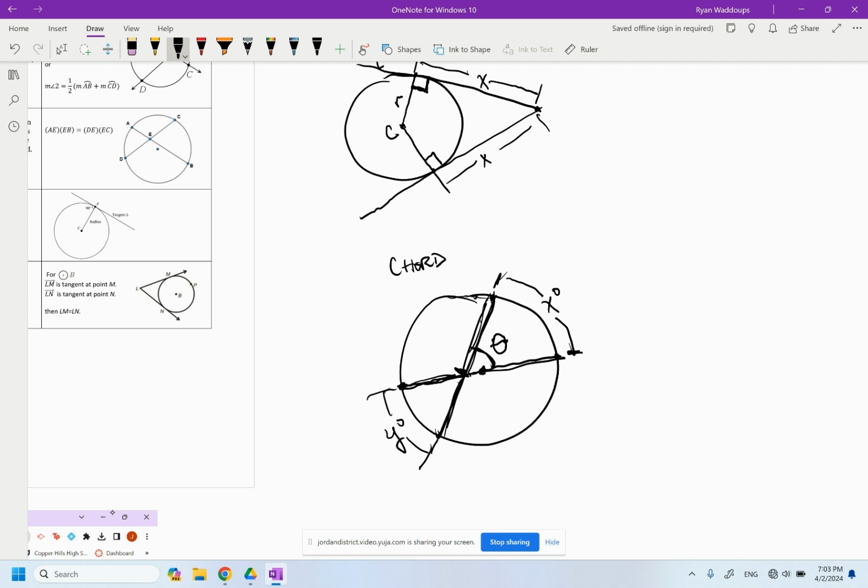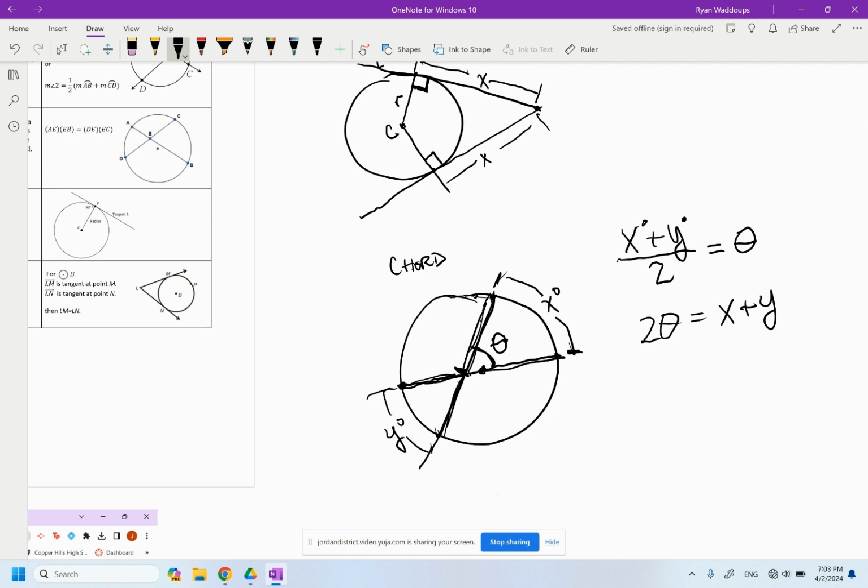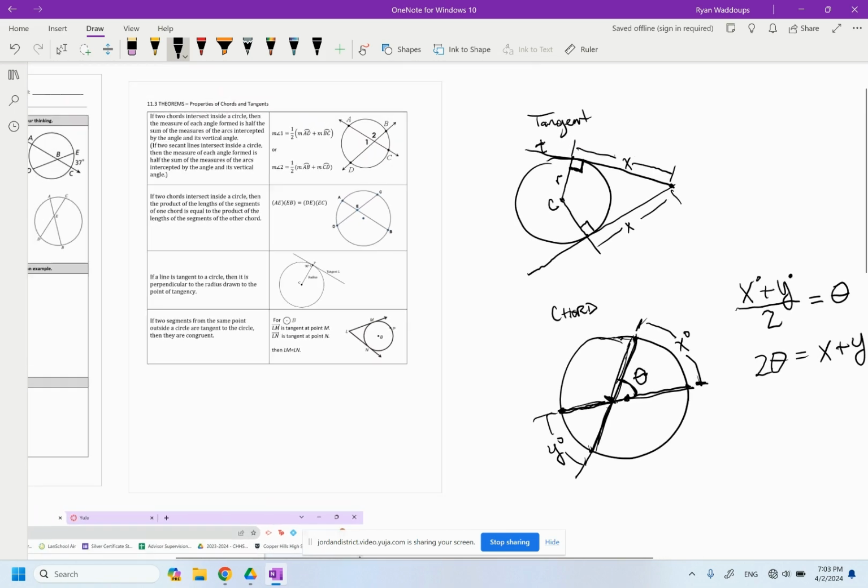If I take x degrees of the one arc plus y degrees of the other arc, and then divide it by 2, I would get theta. Or another way to think about that is 2 times theta would be equal to x plus y. And so we're going to use these properties in a number of different ways. So let's take a look at this. Go straight to the notes.